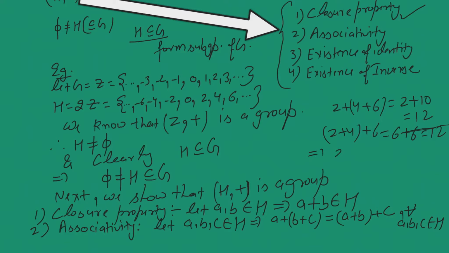Therefore we can say that (2 plus 4) plus 6 is equal to 2 plus (4 plus 6). So this is associativity with respect to addition.